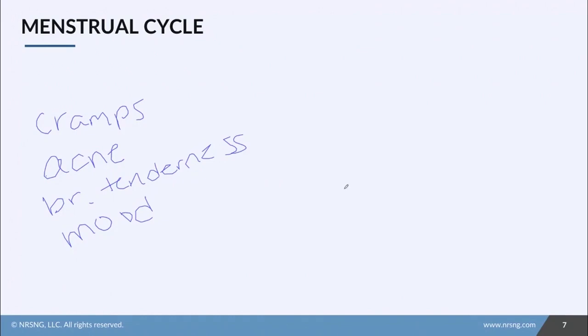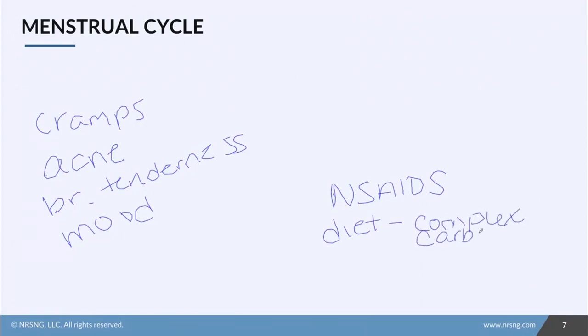There's really no treatment. However, we can let women know they can take some NSAIDs like Motrin to help with the pain and ease the discomfort. Diet can also be modified. So that would be complex carbs, things like brown rice, just no high sugar items. And then the last thing we can help suggest is exercise.